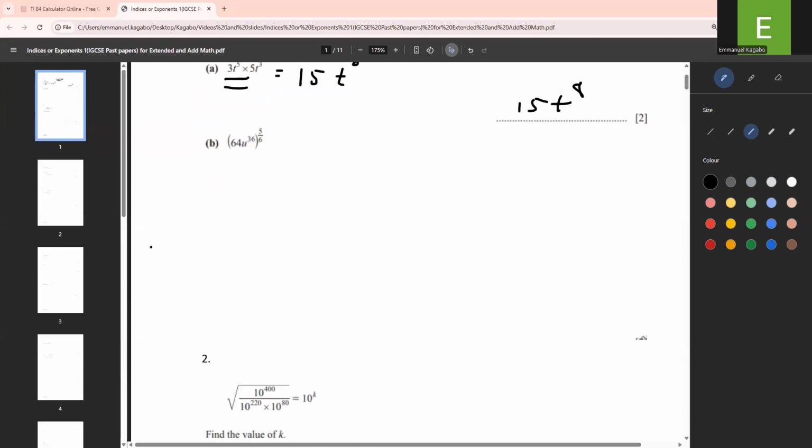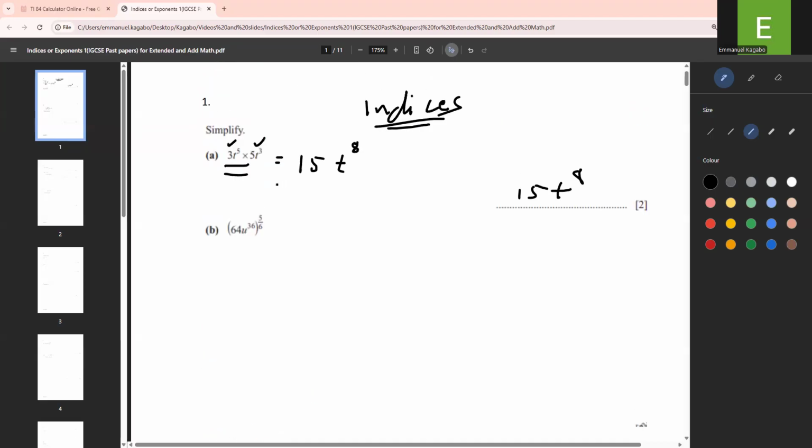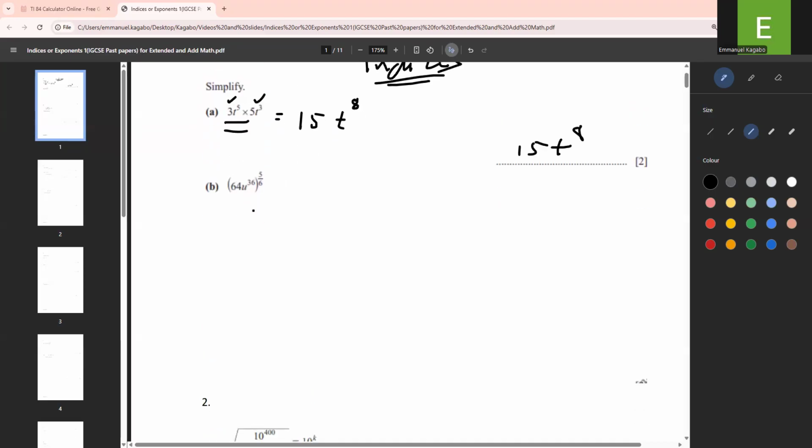Good. Next question. This is also not that hard. Can you try before I do it? Pause the video and try the question. There are different ways of approaching it, but this is the method I prefer. I always advise students to express this in powers, because it helps you simplify when the power is a fraction. So this is 2 power 6, and then I have 5 power 36.